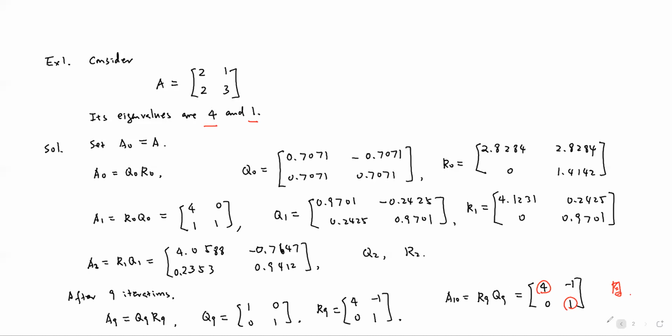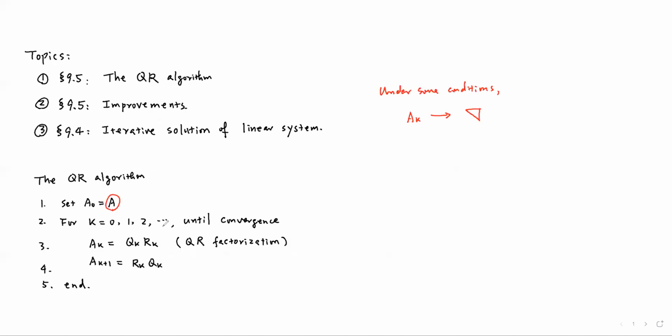About the QR algorithm, the matrix A can be any matrix. Now, consider one special case, when A is symmetric. From linear algebra, we know that any symmetric matrix can be factored as follows.